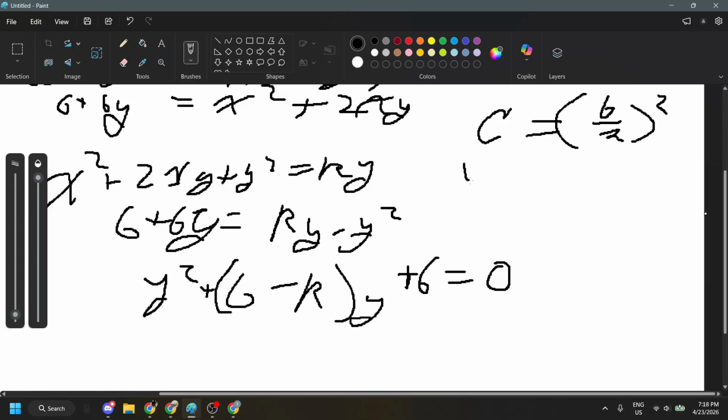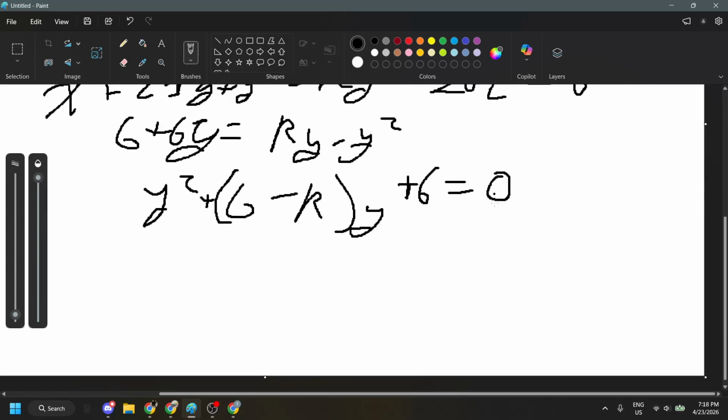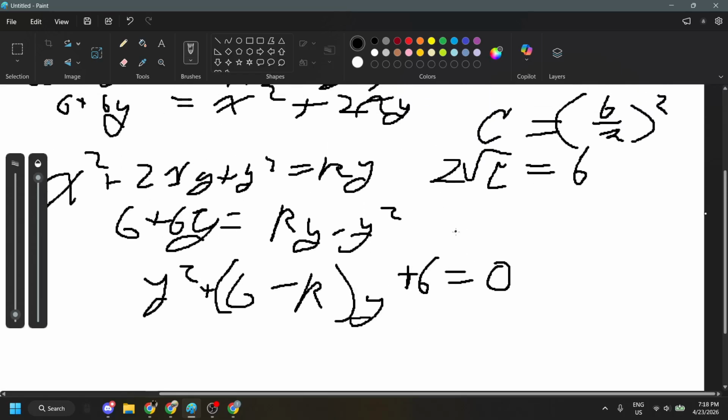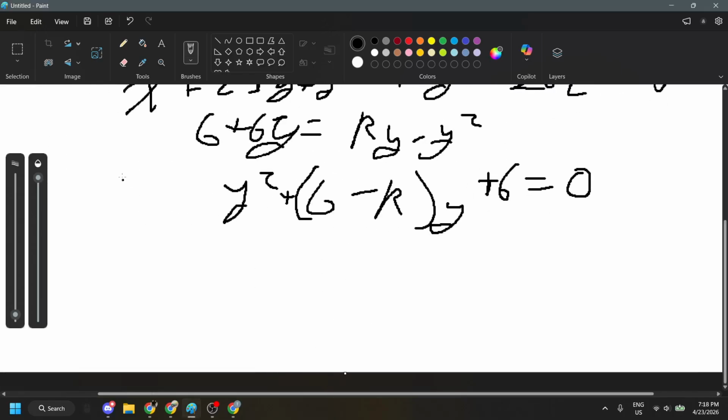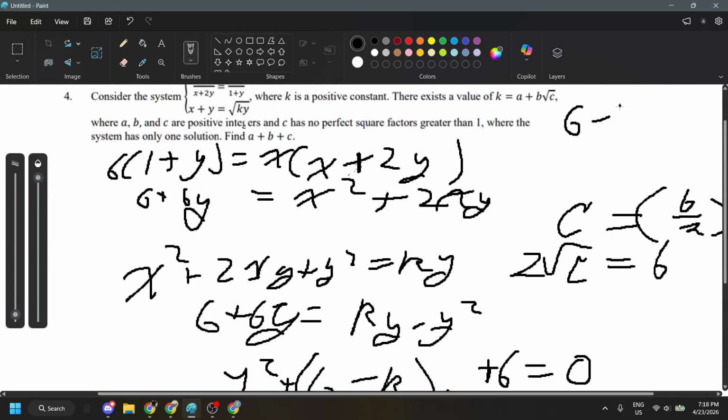So reversing that, root c is equal to b over 2, so 2 root c is equal to b. So 2 root 6 is equal to this. So 6 minus k is equal to 2 root 6. So k is equal to 6 minus 2 root 6.